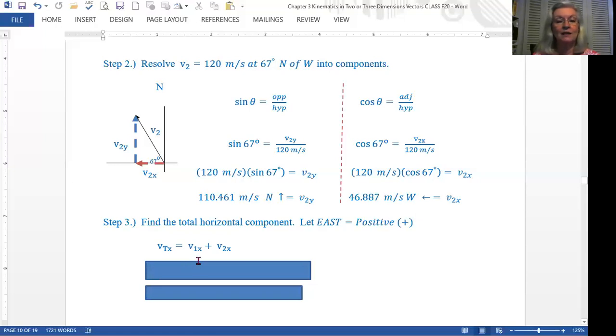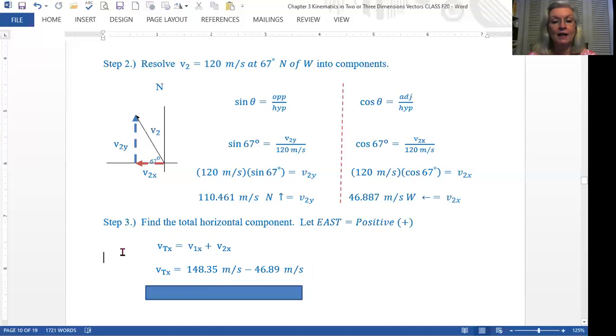So V total x is going to equal V1x. It went east, so it's a positive number. And V2x goes west, so I'll write it in as this value, but I'm going to have to make it negative. So V total x is 148.35 meters per second minus 46.89 meters per second. The minus sign is there because V2x points west.